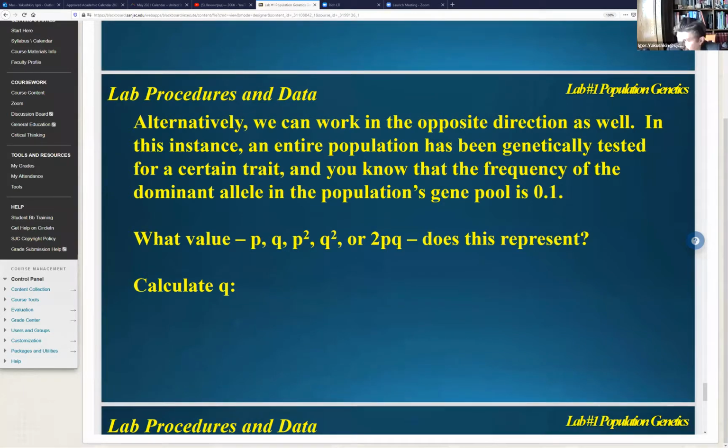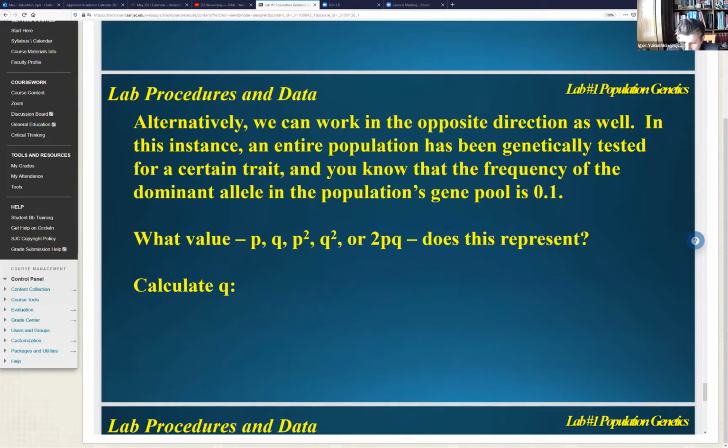If we have that, P squared now will be 0.1 squared, which is 0.01. Q squared will be 0.9 squared, which is 0.81.